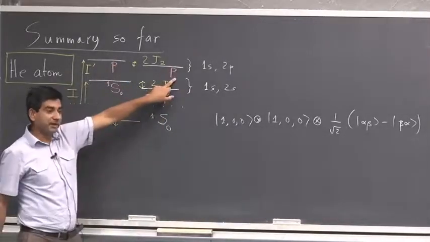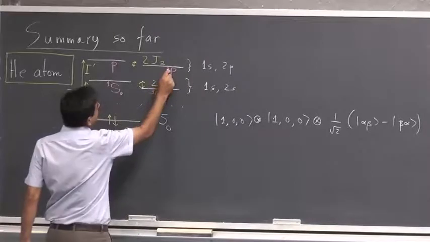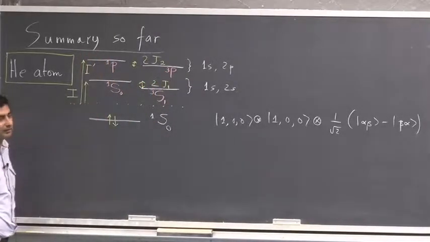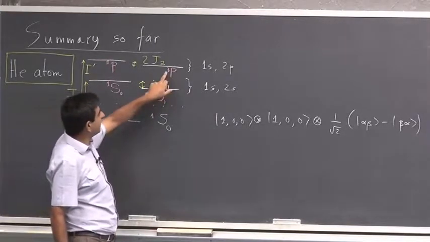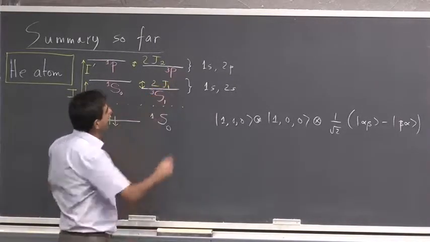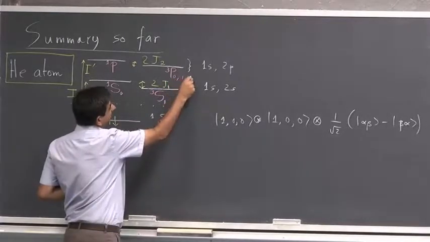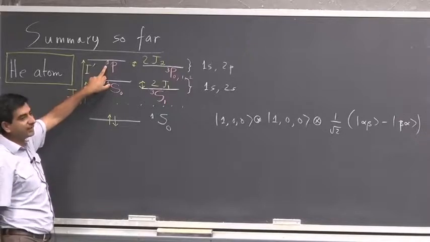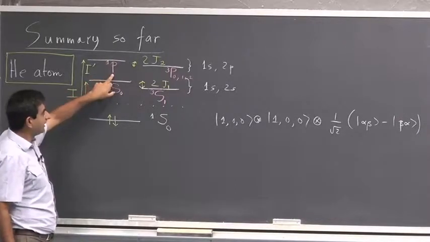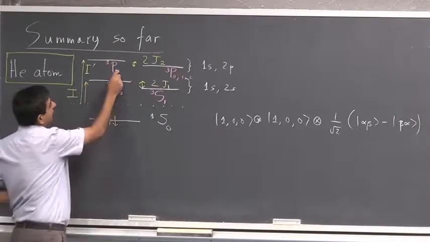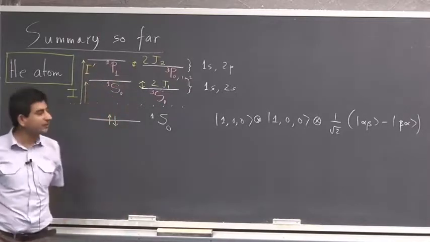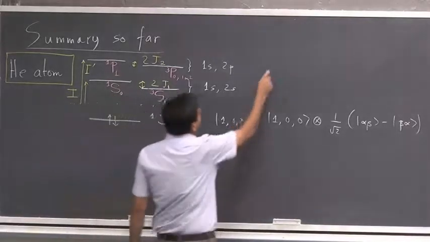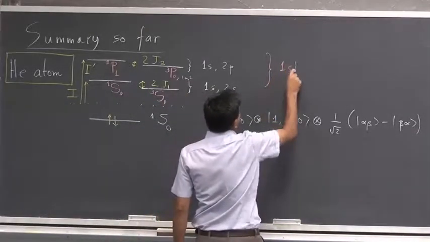This is a triplet, so this is 3 over here, and this is a singlet, this is 1 over here. Now capital J, since S is 1, L is 1, can take 3 possibilities, 0, 1 and 2. Whereas for this case, S is 0, L is 1, so J can only take 1 value. So these are the term symbols for all 5 of these states. This is the ground state, and this is the first excited manifold.